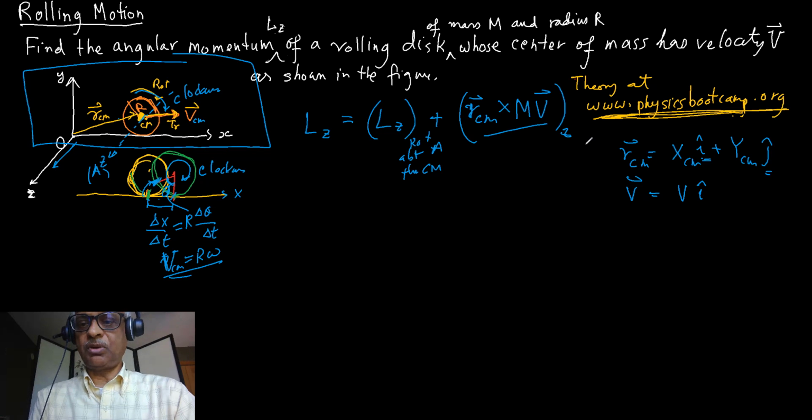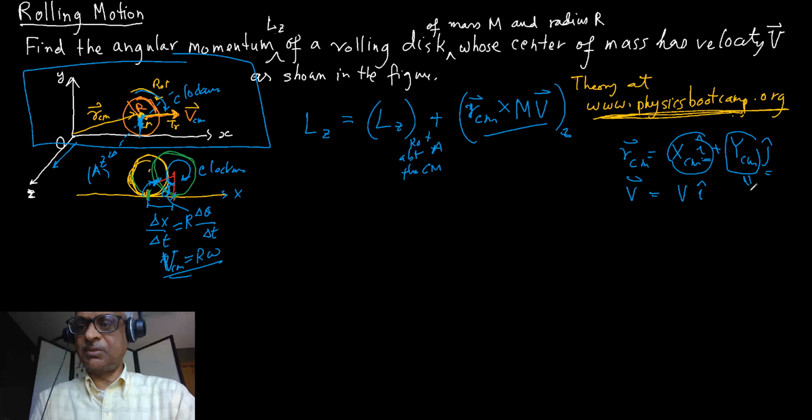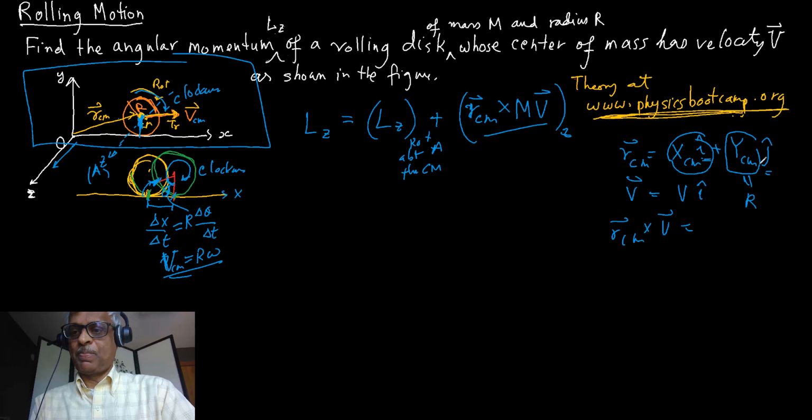When you take the cross product, the x part doesn't contribute, and YCM is simply the distance R. So RCM cross V is YCM times V, which is R times V.